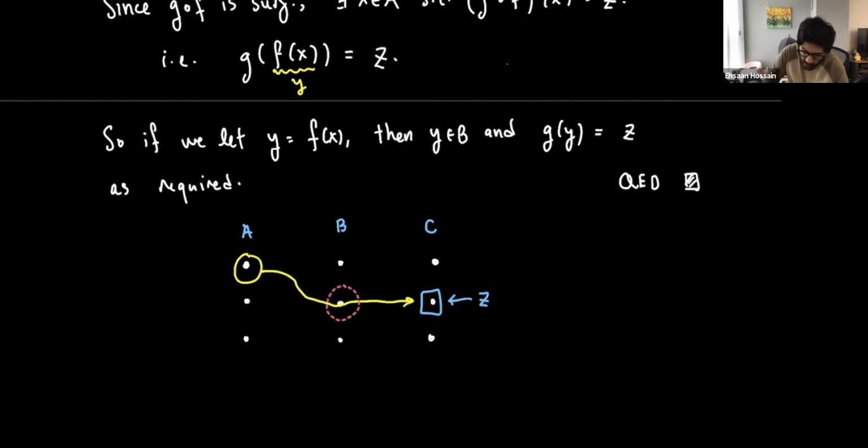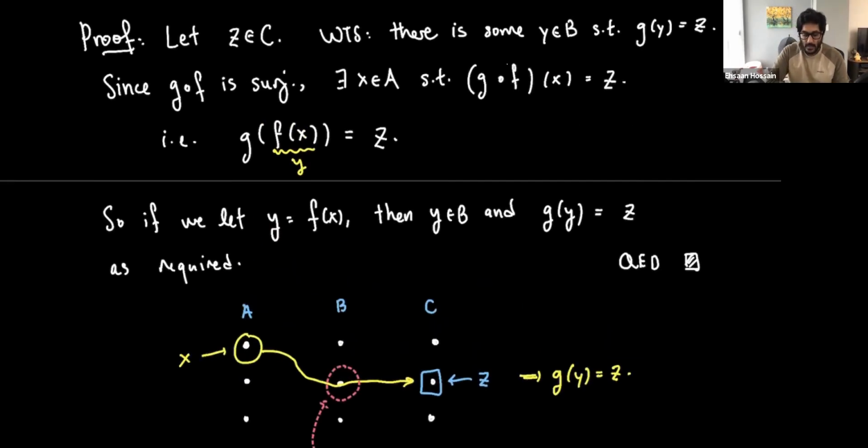I call this X and I call this Y. If X hits Z, then it must have gone through B at some point. I just pick that point in B. That point goes through G and hits Z. This point will satisfy G(Y) equals Z. That's kind of a diagram for the proof. Okay. Great.